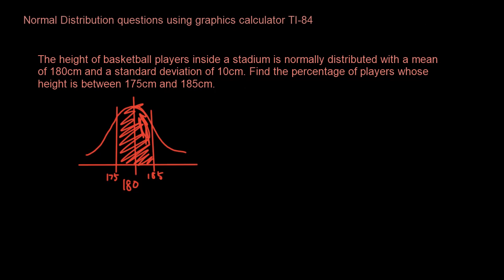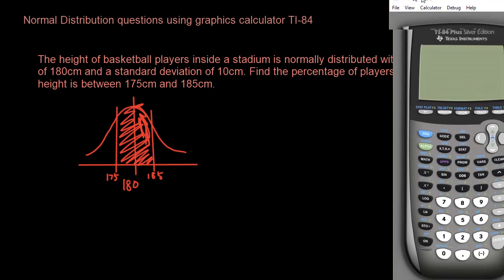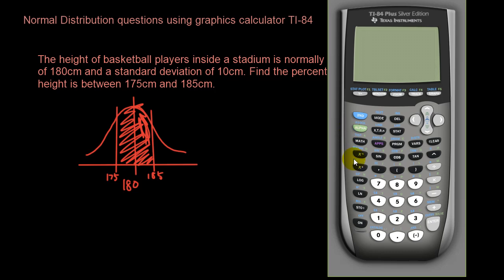What we're going to do is use the graphics calculator. So let's bring that in and turn it on, a TI-84, and then you go to second and press the VARS button, which actually refers to the distribution function because you pressed the second button previously.